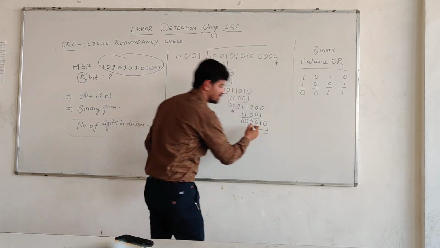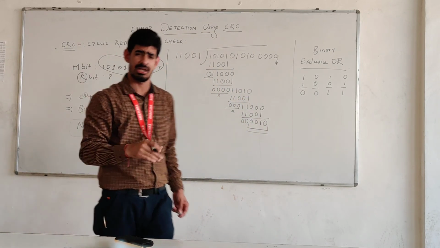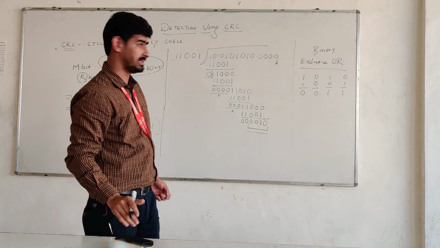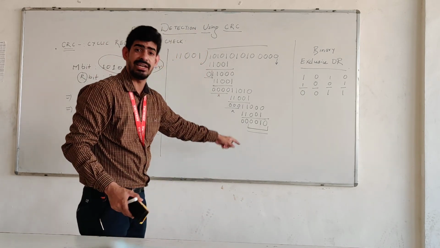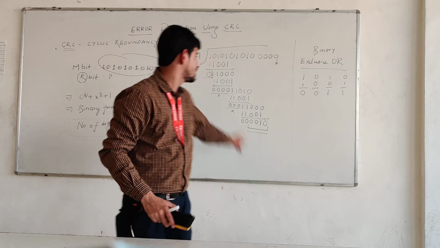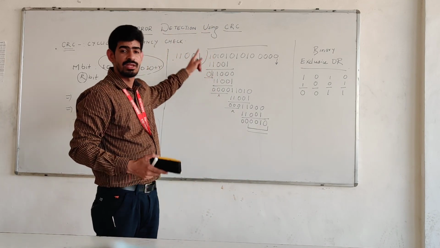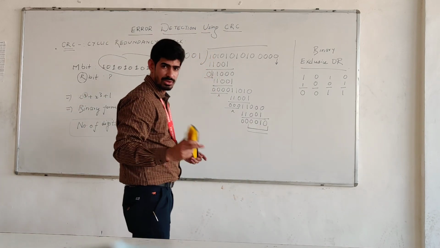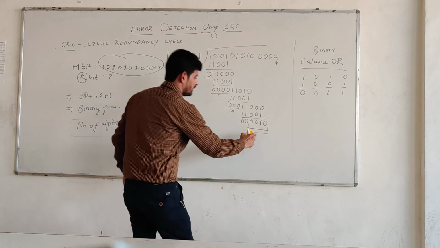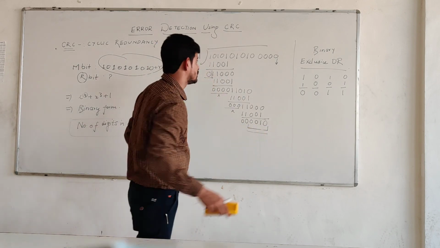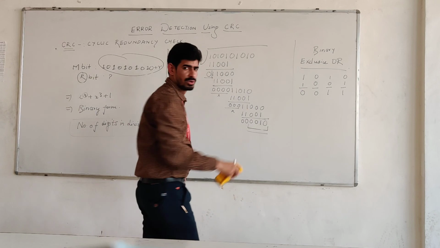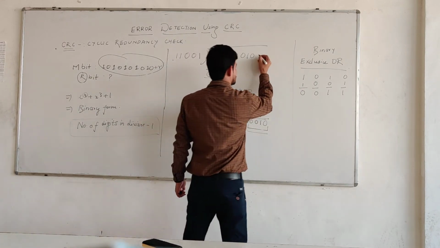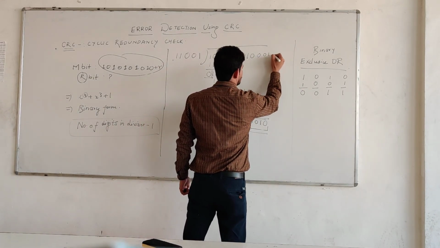We have remainder 0010. It means we have some errors in our message bit, and this will further be divided until the message bit gets rid of errors. So what's the further process? We will add this 0010 instead of the 4 zeros at the receiver side.